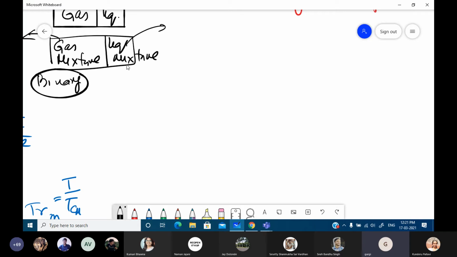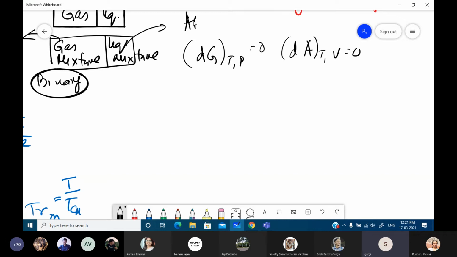Okay. Well, so now if we come to mixtures. In this mixture system, whatever we had done for a pure component, the same thing is applicable. What is it? dG at constant T and P equals 0. In the same way, dA at constant T and V equals 0, everything at equilibrium. The same thing is applicable in this case.